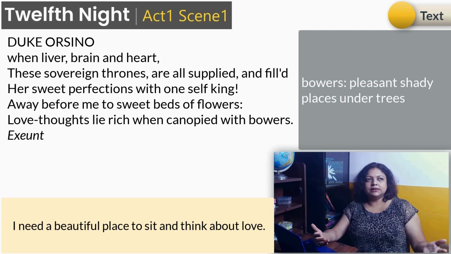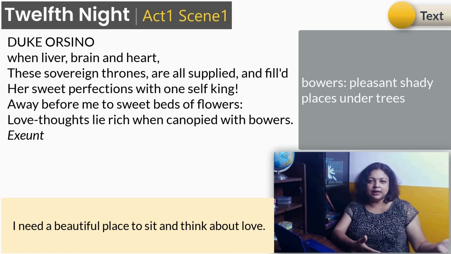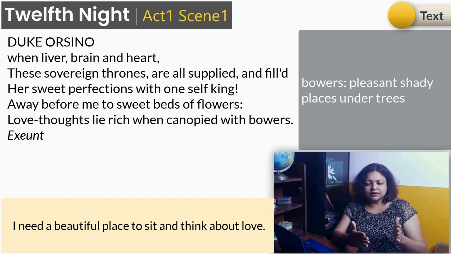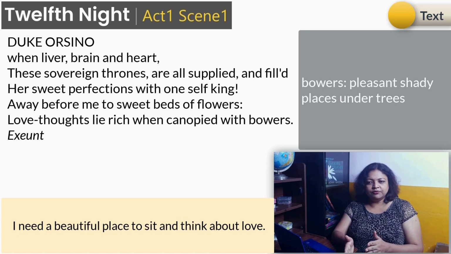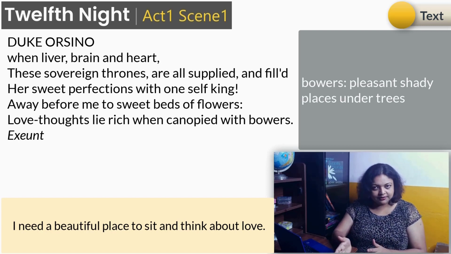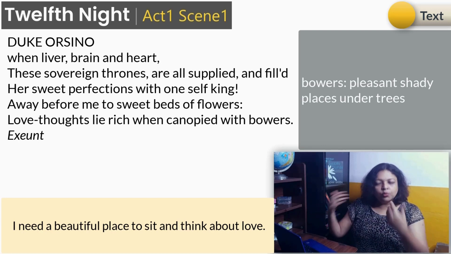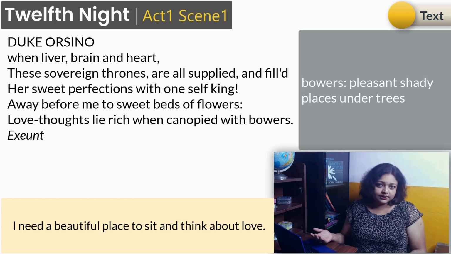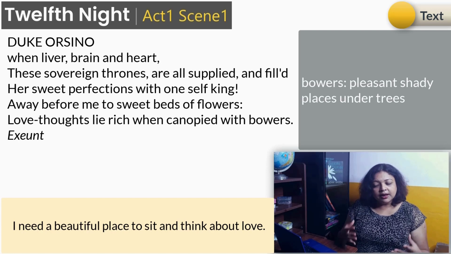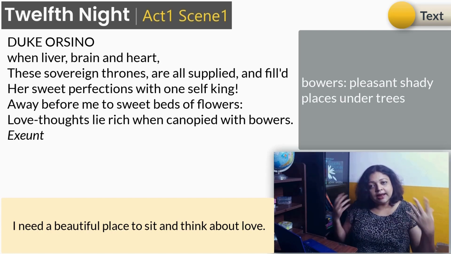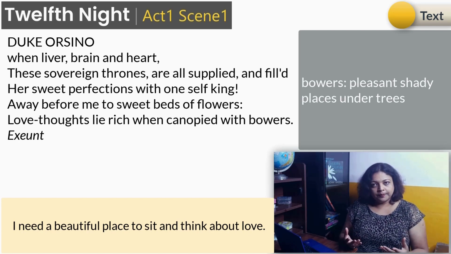It wouldn't matter if it was somebody else and not Olivia. He is not in love with Olivia for anything that Olivia is. He is not describing her qualities, her real qualities. He is describing his speculations, his ideas about her.